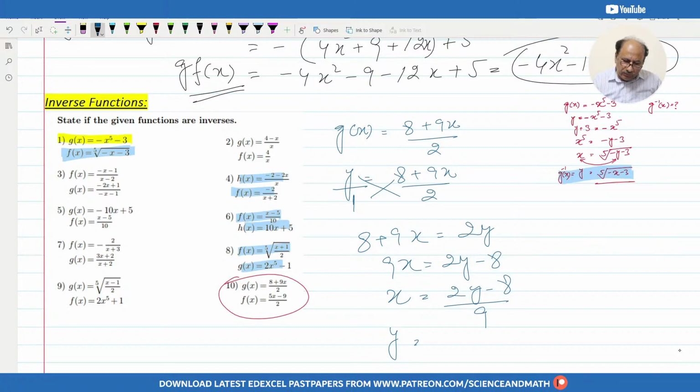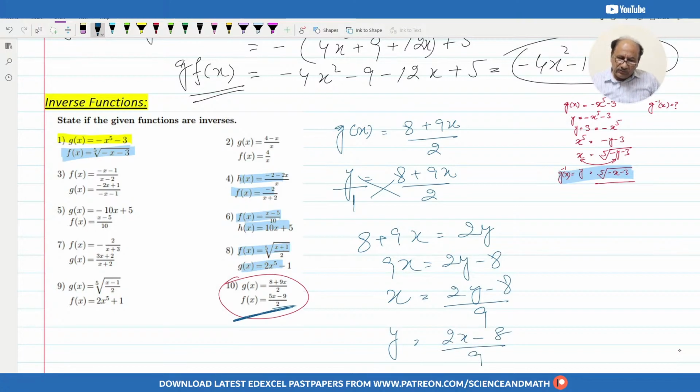This should be basically 8 plus this one. So 2y is equal to this one. So the answer provided has some mistake over here. We are getting y is equal to 2x minus 8 over 9.